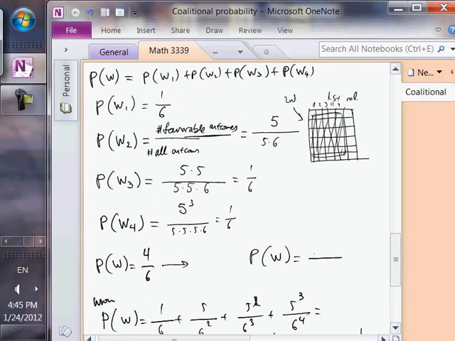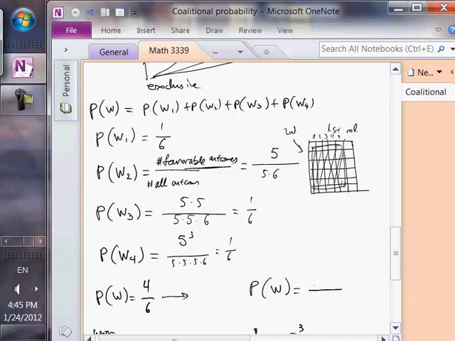Let's go to W2 again. Let's understand that. No, it's independent. First with second.